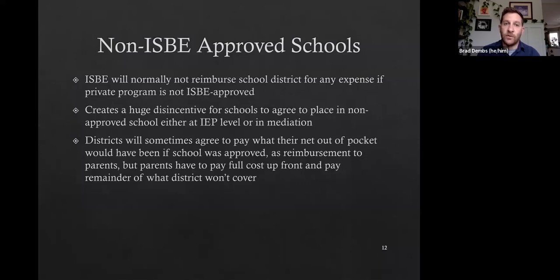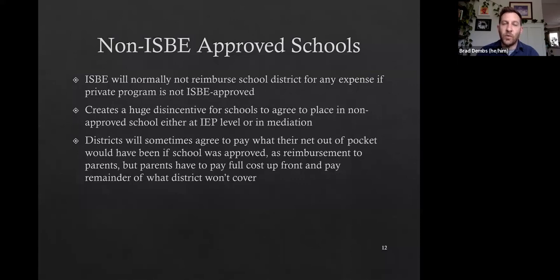And recently that's been more necessary because there have been less ISB approved placements available. And the state recognized this by creating new rules to allow for one time or case by case approval of placements in not otherwise approved ISB schools or private schools.